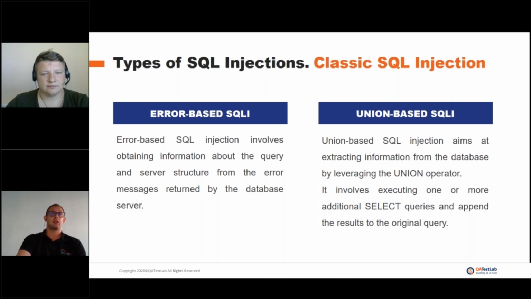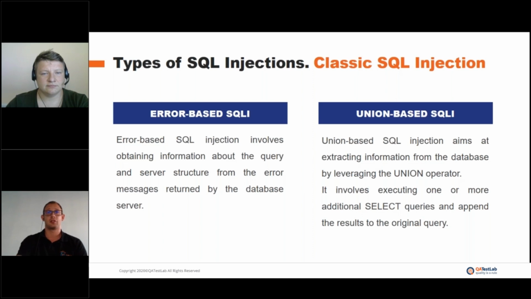The classic SQL injection is the easiest type of SQL injection to exploit. It occurs when the attacker is able to use the same communication channel to launch the attack and gather the results. There are two common examples of classic SQL injections: error-based and union-based.